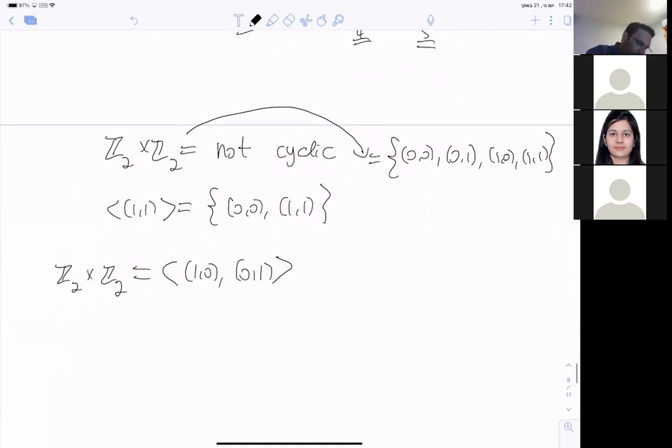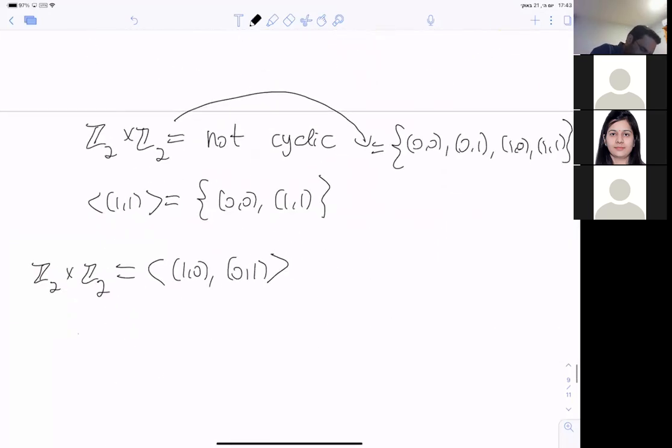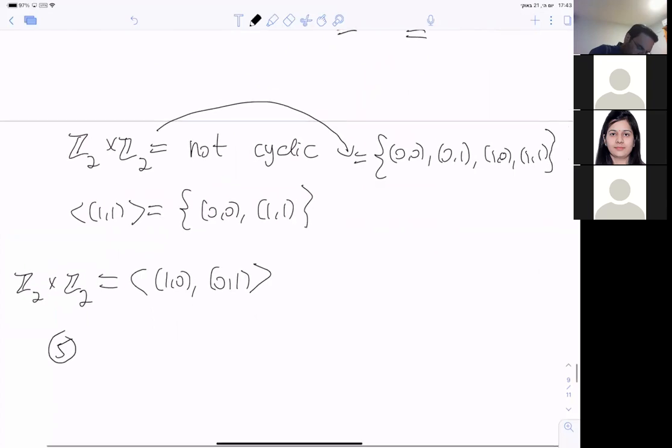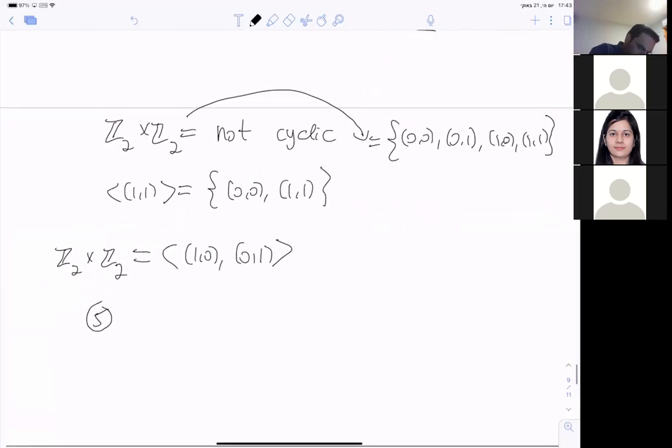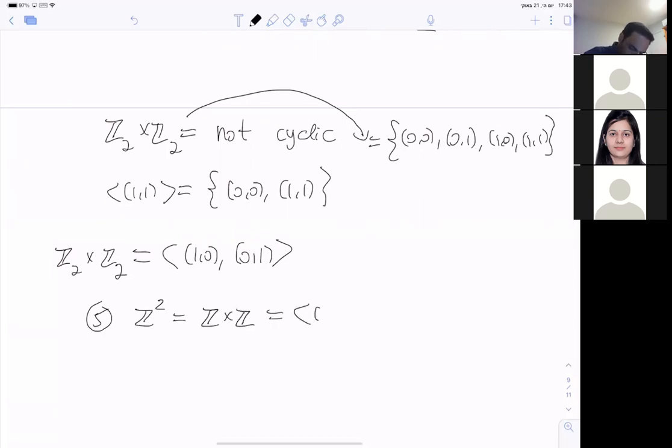Another example of non-cyclic is Z direct product with Z. So this again will be the same generators from last time.